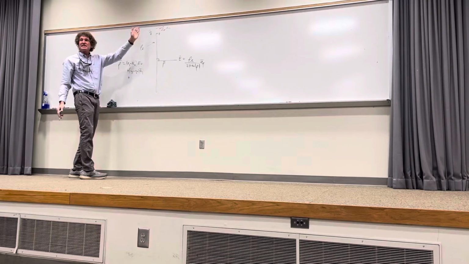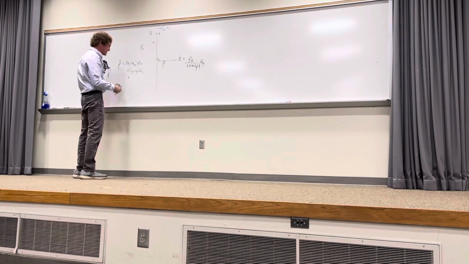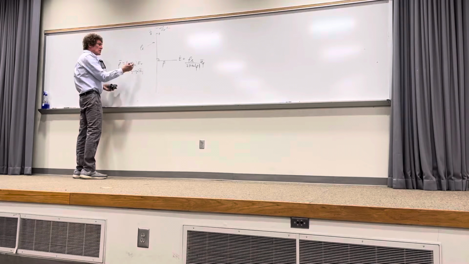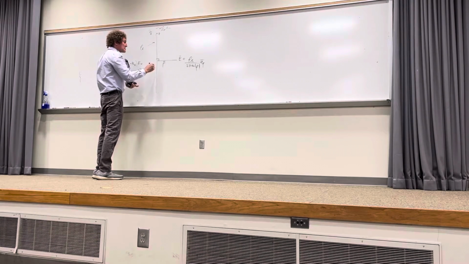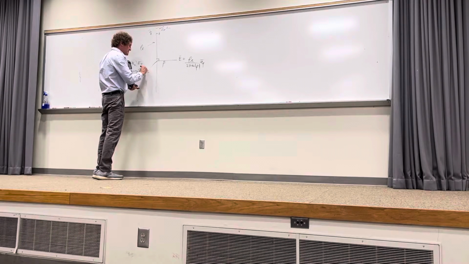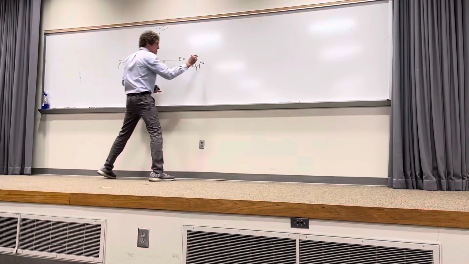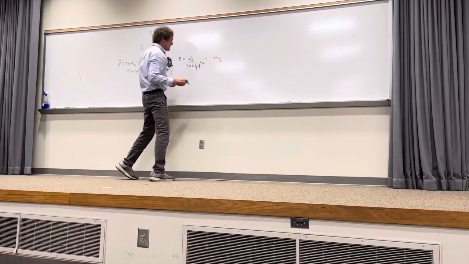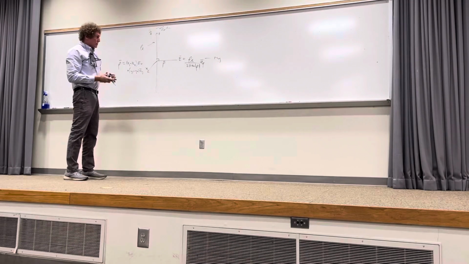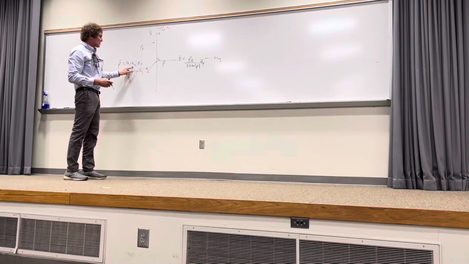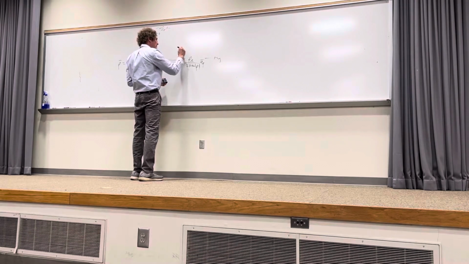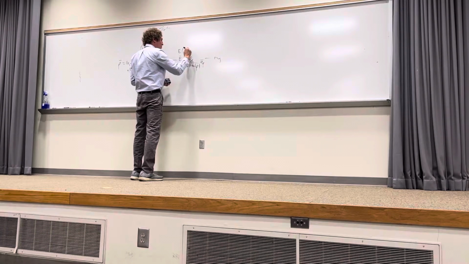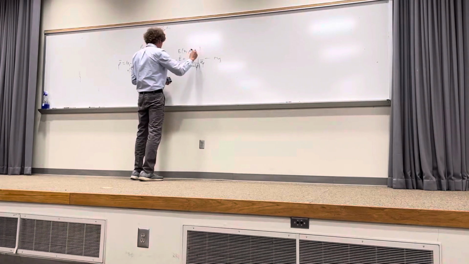Z's infinite, so you might as well forget z. If the z-axis is up, this is the x-axis, and this is the y-axis, if we were in Cartesian. This is the E field at the point x1, y1, z1.